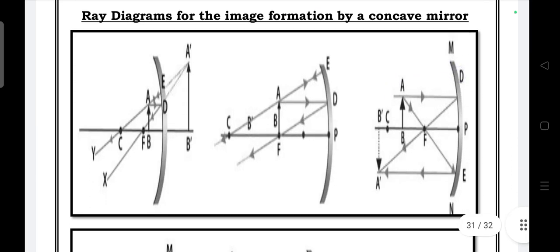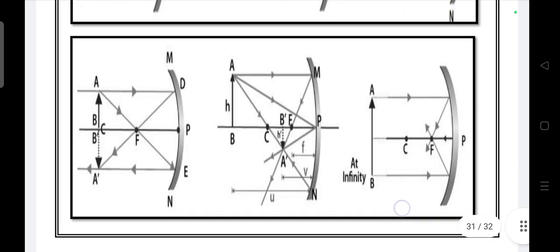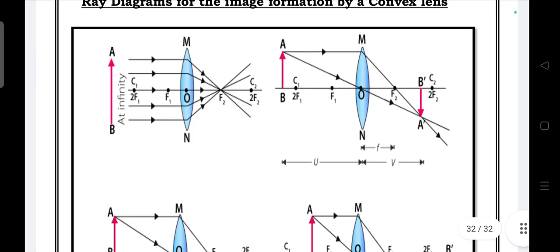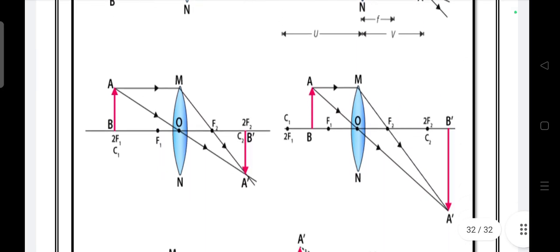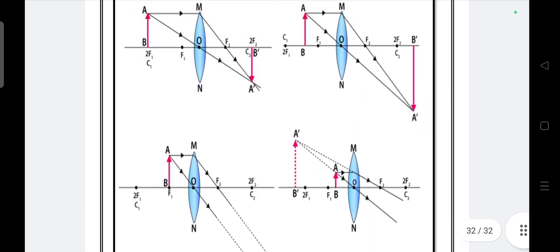Ray diagram for concave mirror. Ray diagram for convex mirror. So this is it. If you read this much properly, you can score above 75 out of 80.